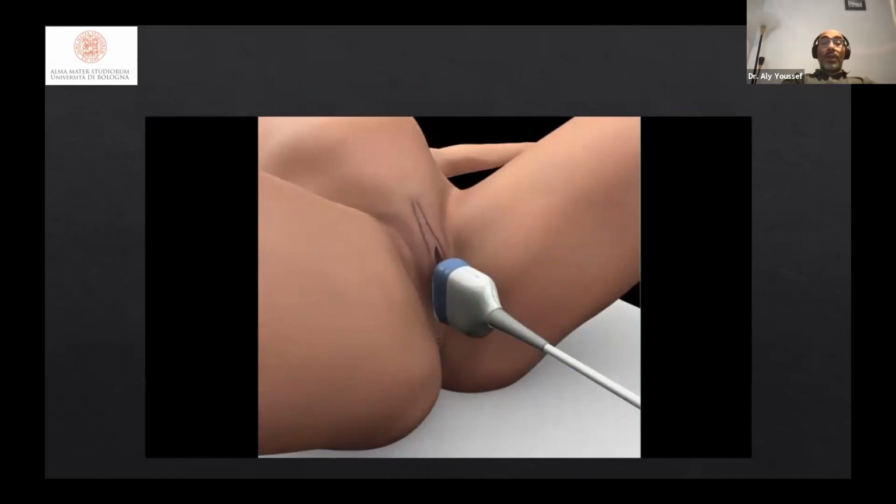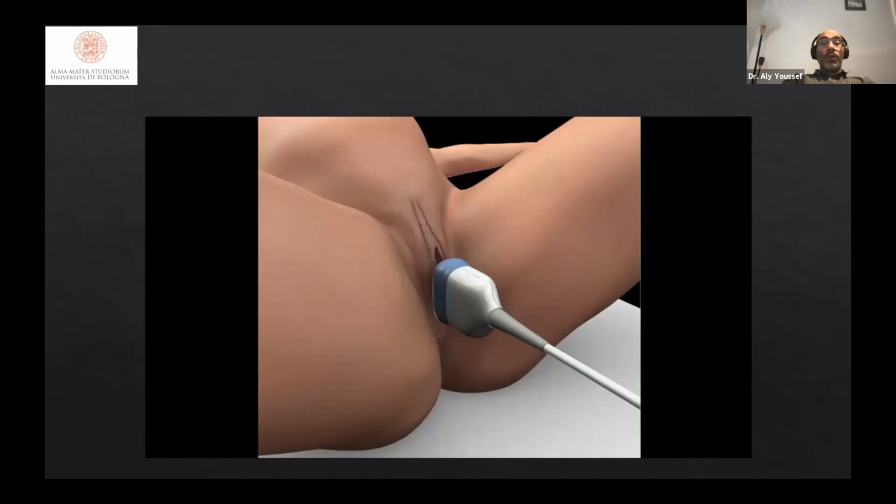whether 2D if you would like only 2D information, or the 3-dimensional convex probe, the regular one that we use in our daily practice, is the transducer that we use.